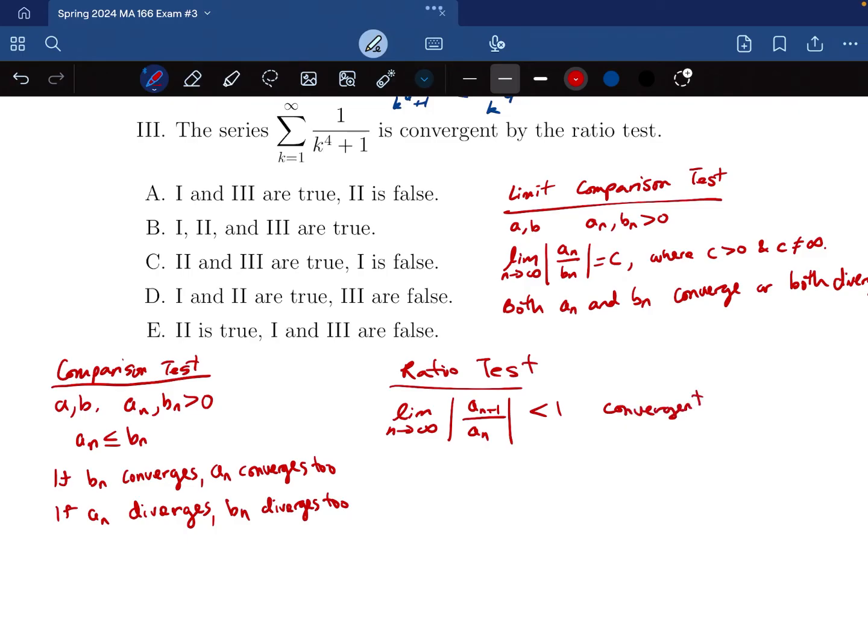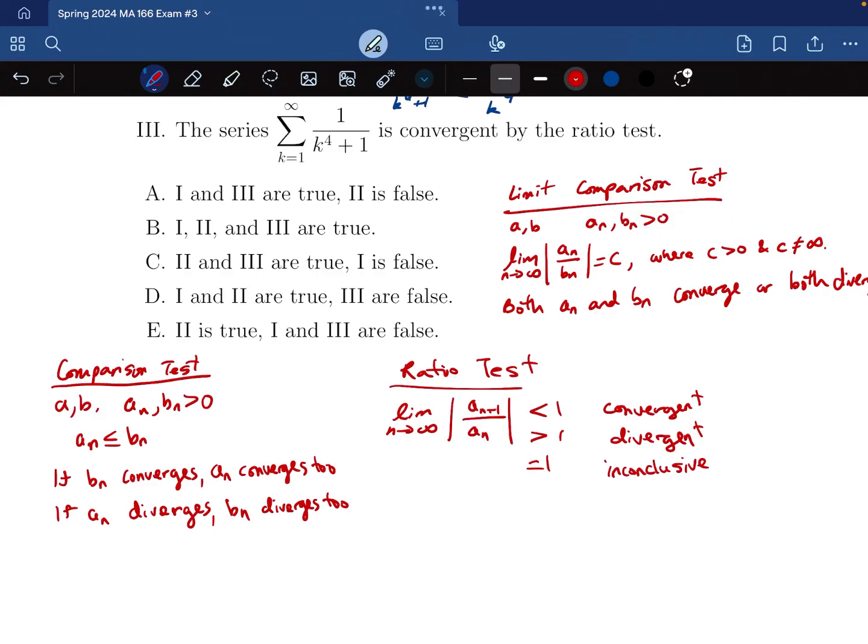If it is greater than 1, it is divergent. And if it is equal to 1, that means that we cannot tell. The results are inconclusive. So it could be divergent, it could be convergent, we don't know. And we would have to use another test.